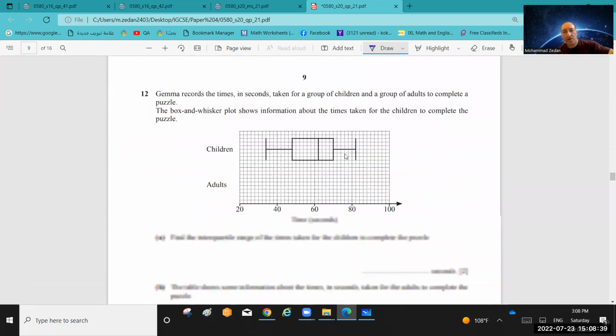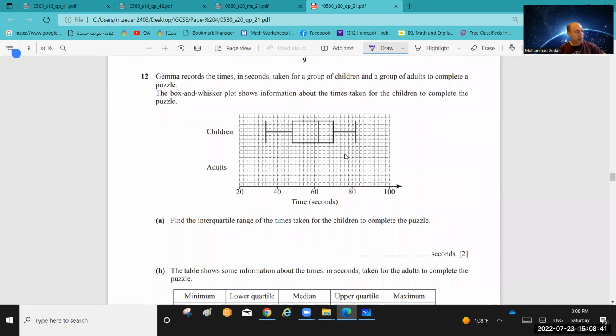Okay, this question is on box and whisker or box plot. Gemma records the time in seconds taken for a group of children and a group of adults to complete a puzzle. The box and whisker plot shows information about the time taken for the children to complete the puzzle. Here find the interquartile range of the time taken for children.